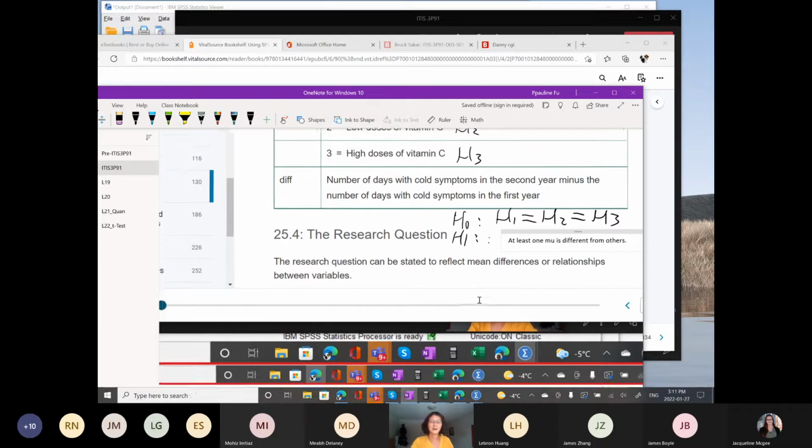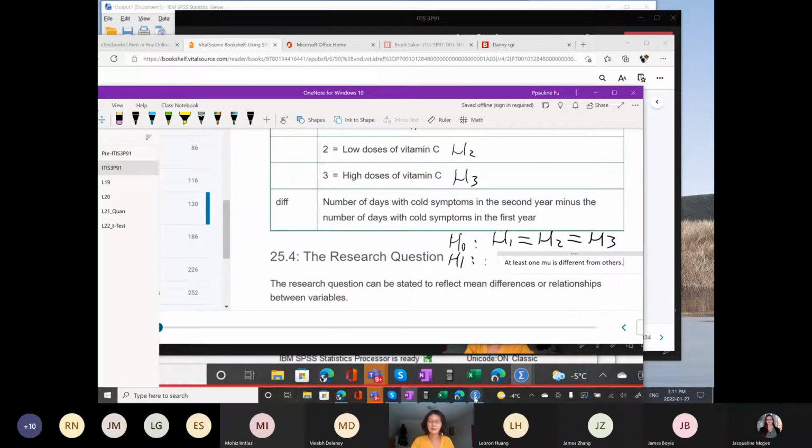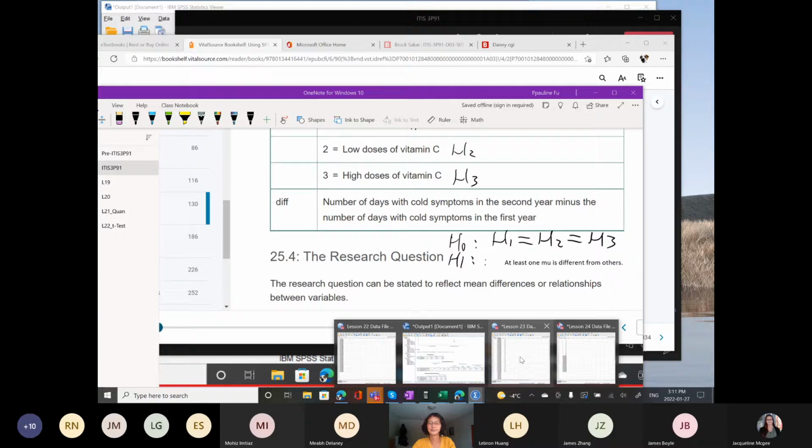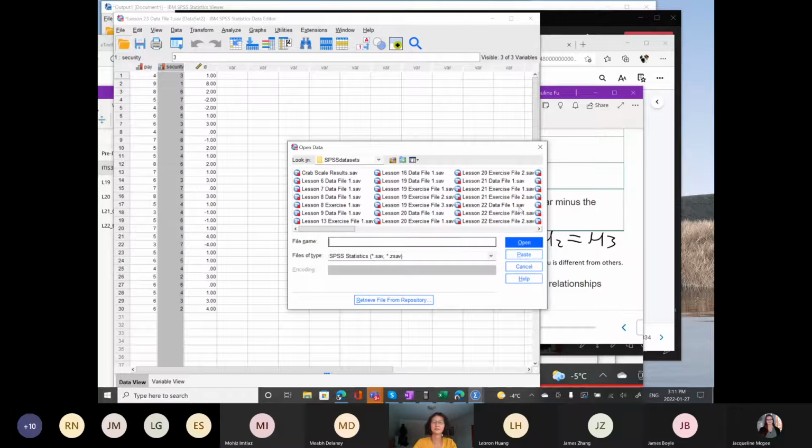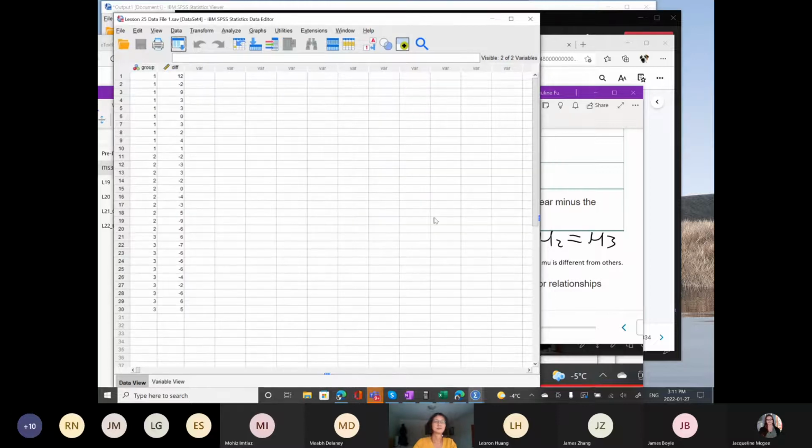Okay, so now I'm going to open the data. This is lesson 25. I already explained the data. We have 3 groups. Those are just samples. This is group 1.